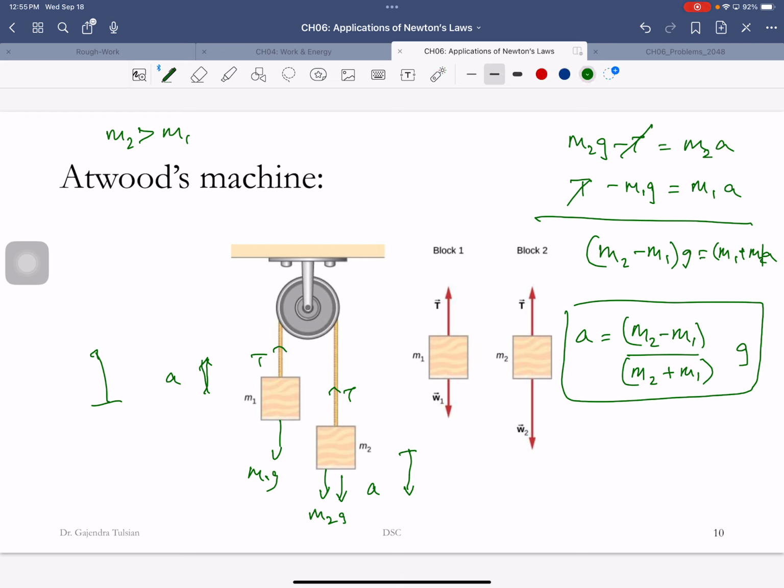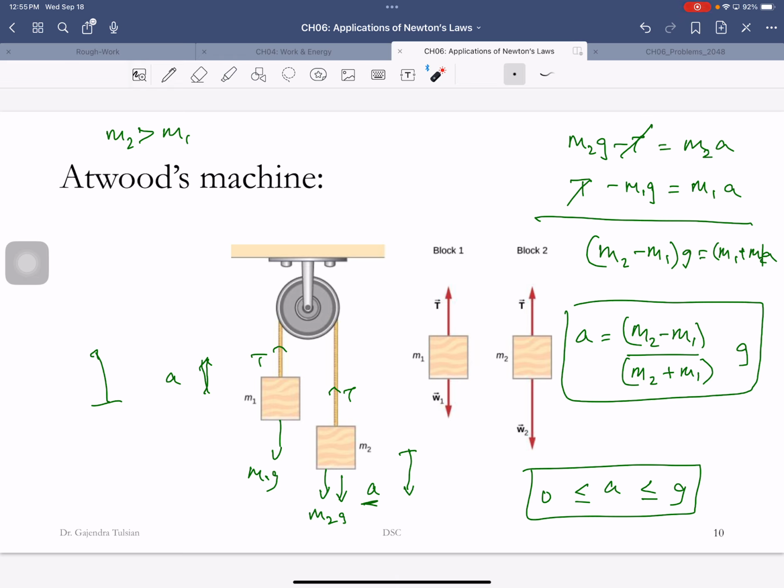So here is a device where you can dial the acceleration to any value you want between 0 and g. And that's what Mr. Atwood invented. If you make the acceleration as small as possible, it'll take a much longer time to fall down.